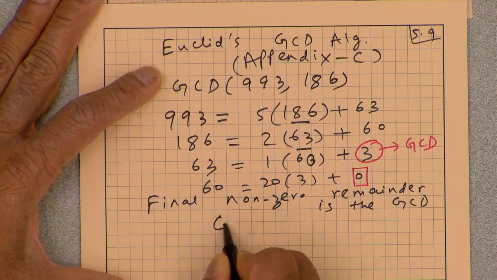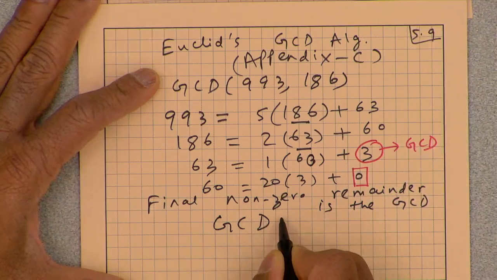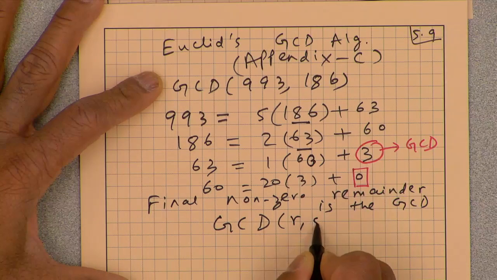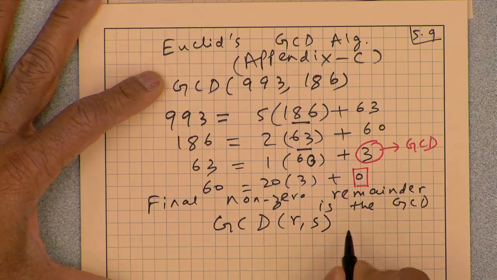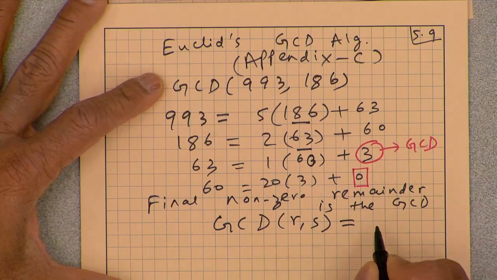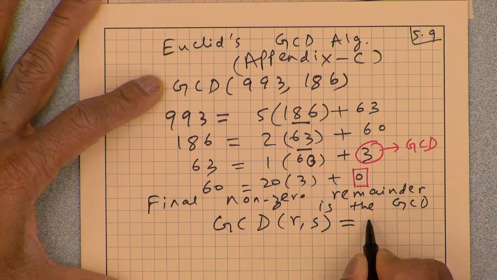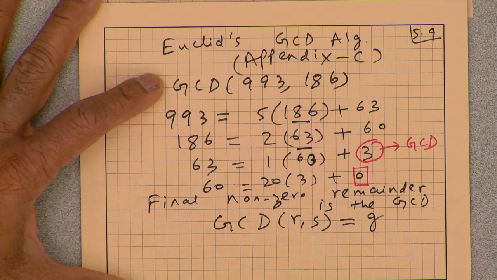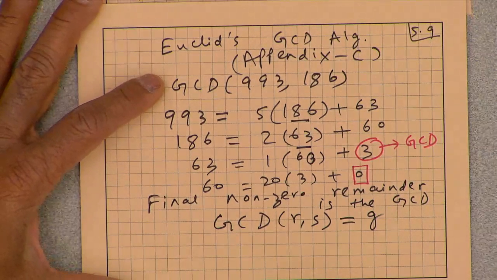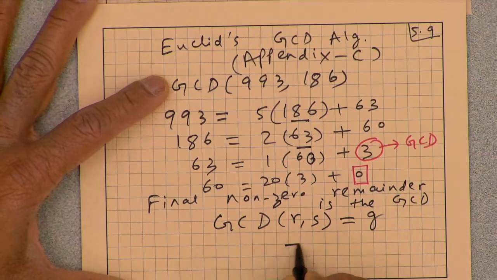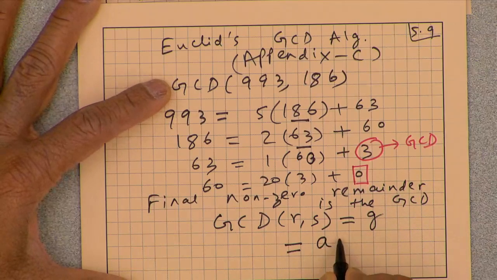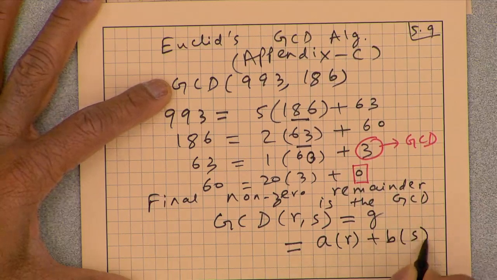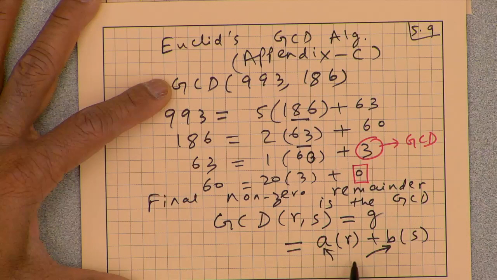of two numbers R and S, and let's say that GCD is G. Now, one of the properties of Euclid's algorithm is that I can describe G, this GCD, as some integer A times R plus some other integer B times S. So this A and B are integers, positive or negative integers.